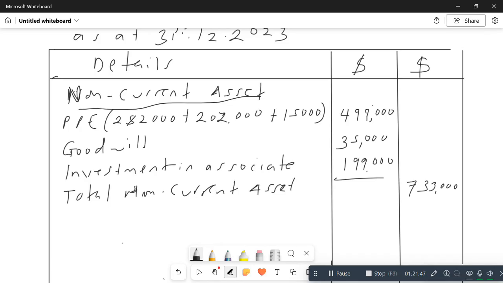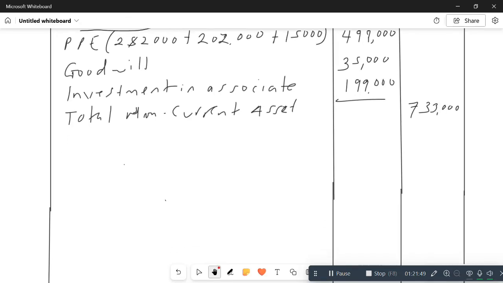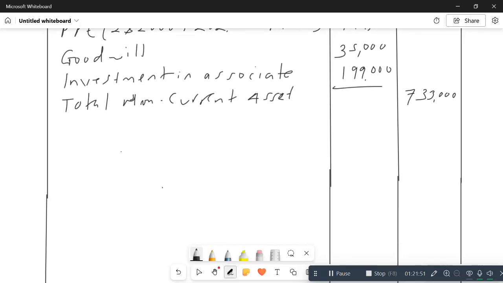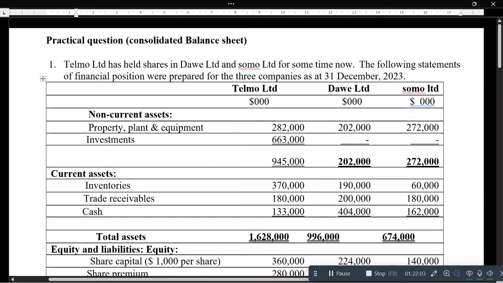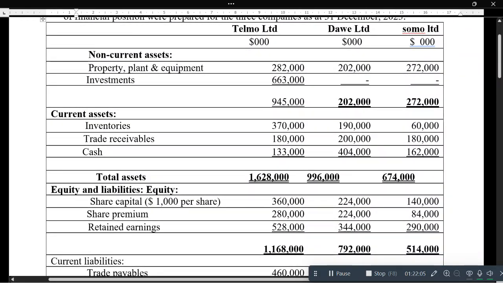Under current asset, still go back to your balance sheet you are given. We have inventory, trade receivables, and the cash. Remember, we are taking for only Telemo Limited and Dawei Limited, the parent and the subsidiary.